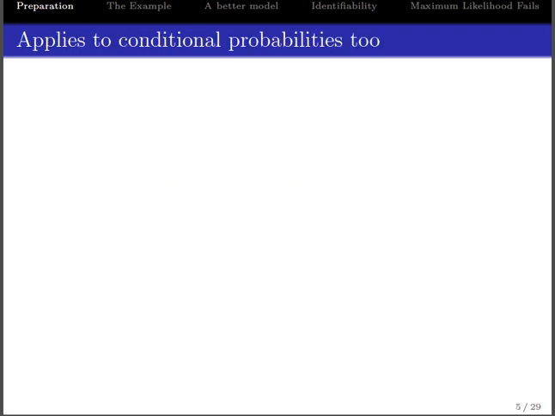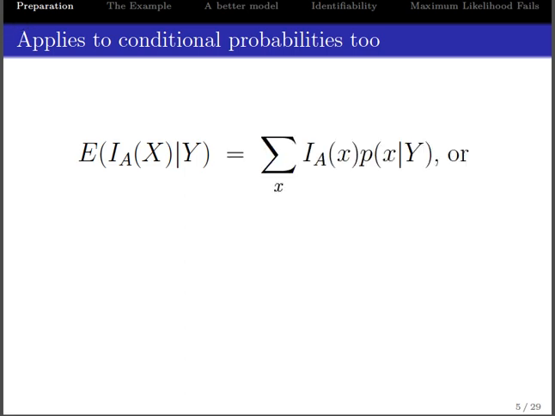So this applies to conditional probabilities too. The expected value of the indicator of x given y: instead of just summing against the probability distribution of x, we're summing against the probability distribution of x given y.